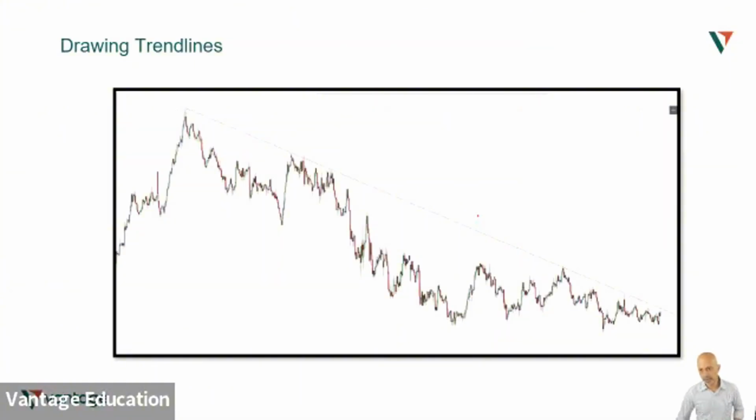Now here again, similarly, you can see a couple of swing high resistances: at point number 1, point number 2, point number 3, 4, 5, and 6.